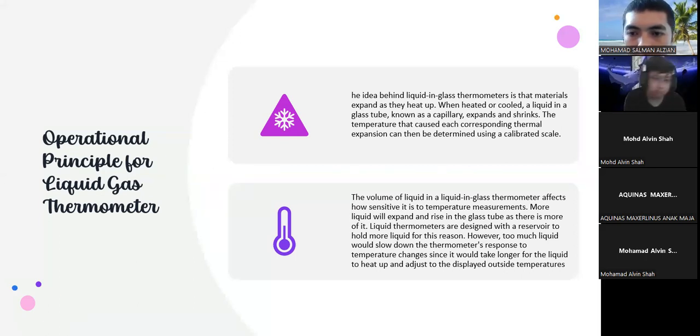More liquid will expand and rise in the glass tube as there is more of it. Liquid thermometers are designed with a reservoir to hold more liquid for this reason. However, too much liquid would slow down the thermometer's response to temperature change, since it would take longer for the liquid to heat up and adjust to the outside temperature.